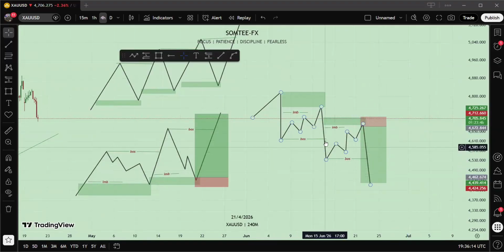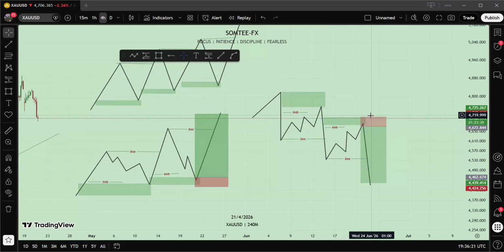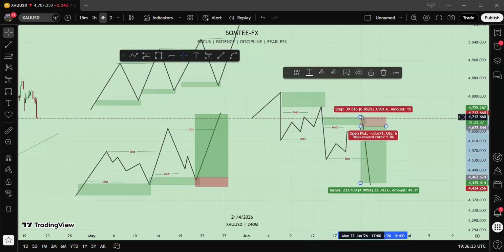The same thing goes with your selling aspect. You sell from your imbalance or the first part of your order block, then your stop loss should be above here. Stop loss should be above.